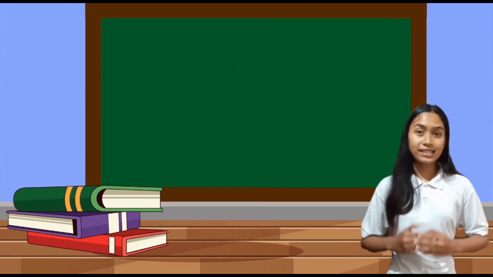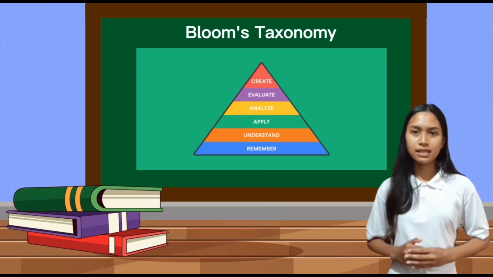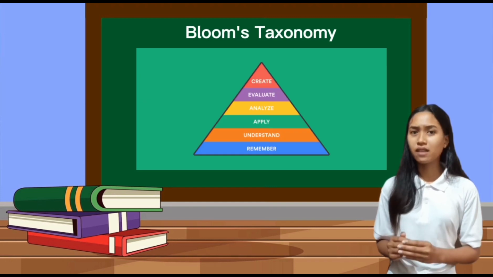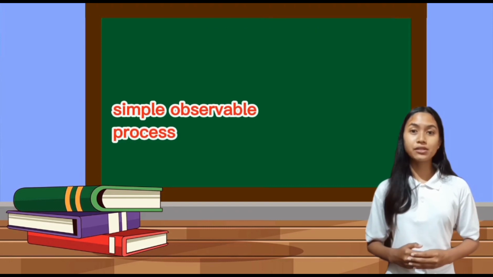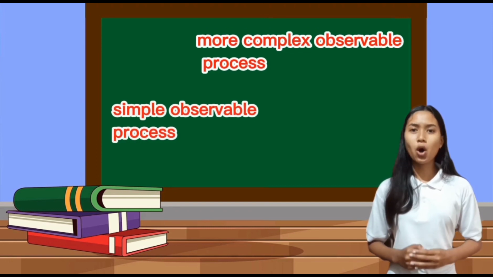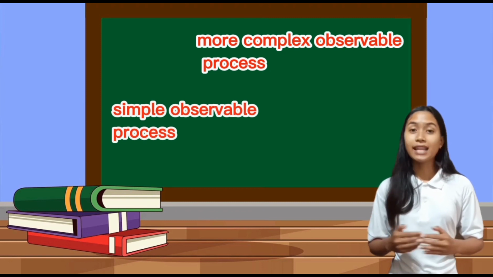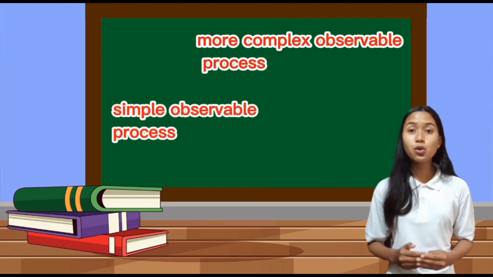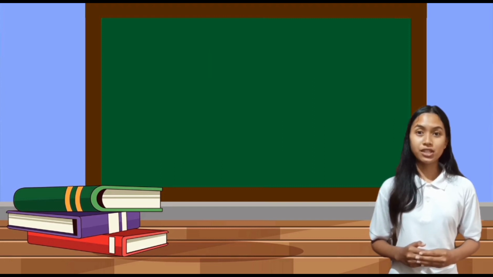As in the statement of objectives using Bloom's taxonomy, the specific objectives also range from simple observable process to more complex observable process. Example, creating an ambience of the poem through appropriate rising and falling intonation.